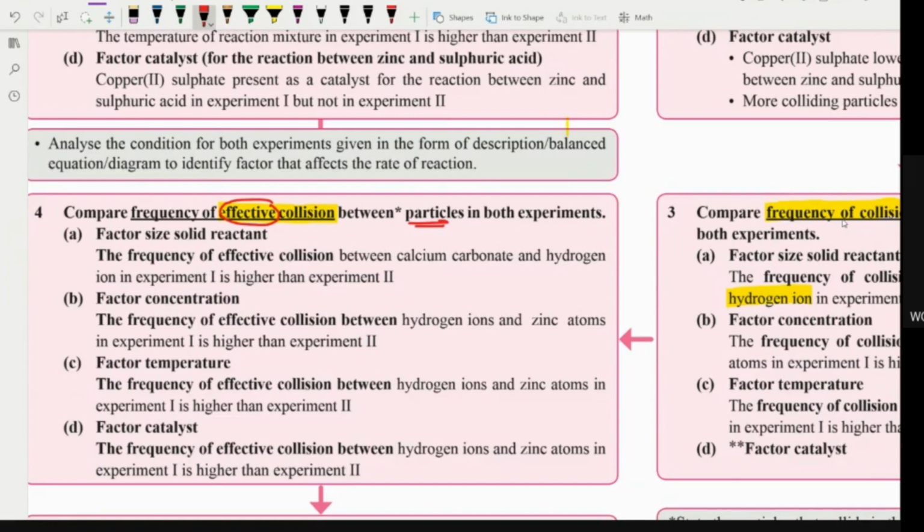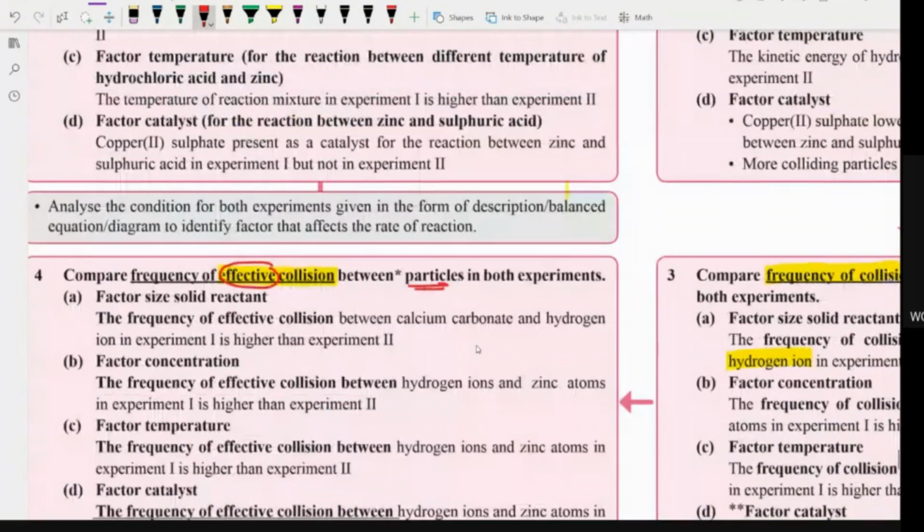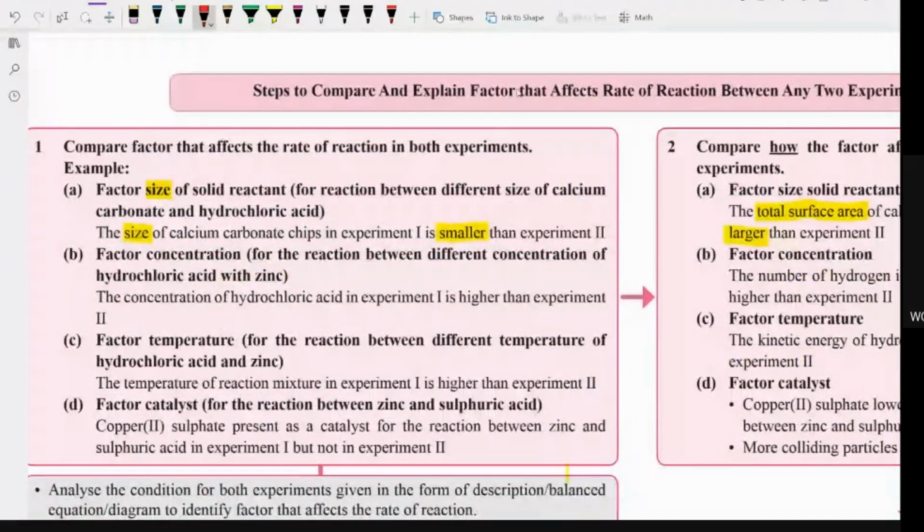So the rate of reaction in experiment 1 is higher than experiment 2. Normally if we are asked to compare the rate of reaction using the collision theory, it is 4 marks in the essay, 4 to 5 marks.